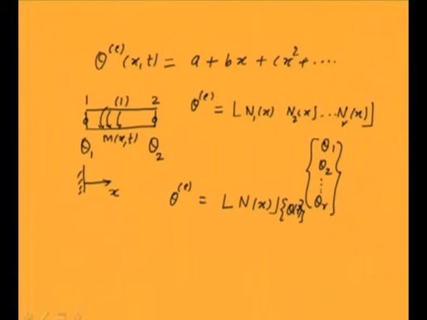Theta here is time dependent, and N is spatial coordinate dependent. This is called shape functions or interpolation functions.